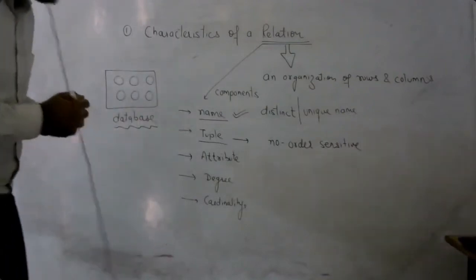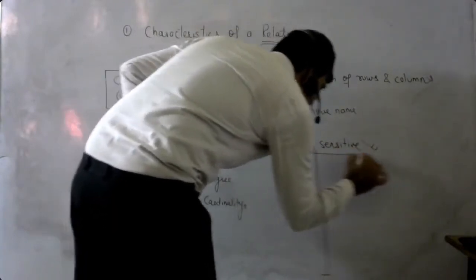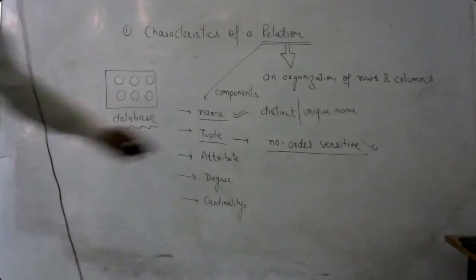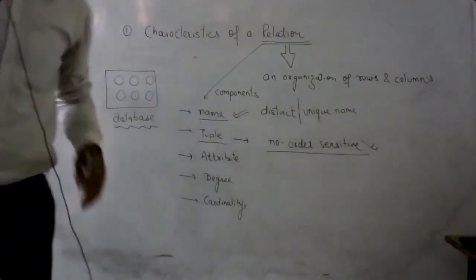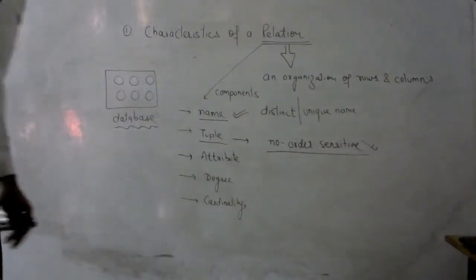Why is there no issue? Because we say it is not order sensitive. When we talk about a relation, we can write the tuples in any order, in any manner. There is no issue with it.